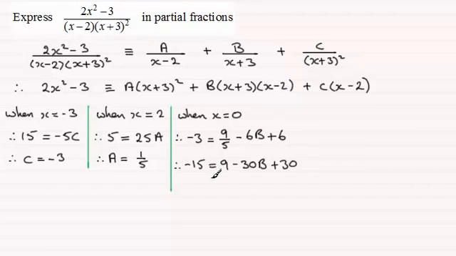So if I add 30b to both sides, we therefore get 30b. And I'm going to add 15 to both sides, so we get 30b equals 9 plus 30 plus a further 15. That's going to be 54. So if I divide both sides by 30, b will be equal to 54 divided by 30.